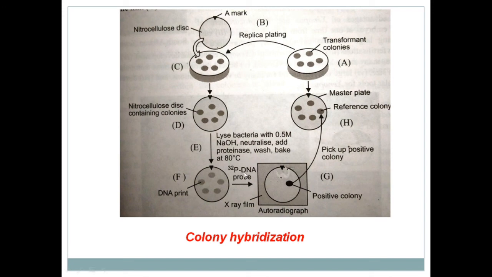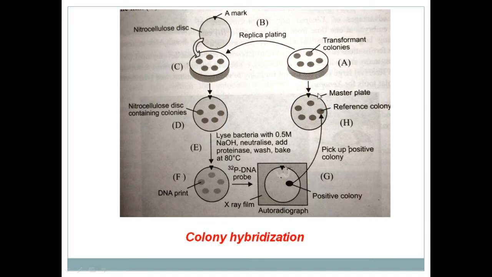So when we incubate this replica plate or nitrocellulose disc with the P32 DNA probe, the probe will bind only to the sequence which has a complementary sequence to it. Then after development of the autoradiograph, which is developed by keeping the nitrocellulose disc in contact with the developing film, we will get a dot or a positive colony response.